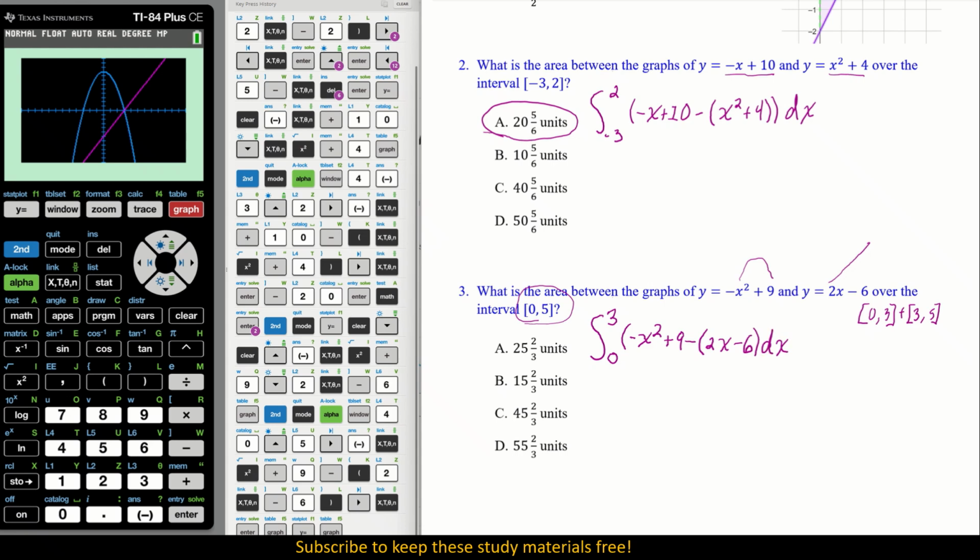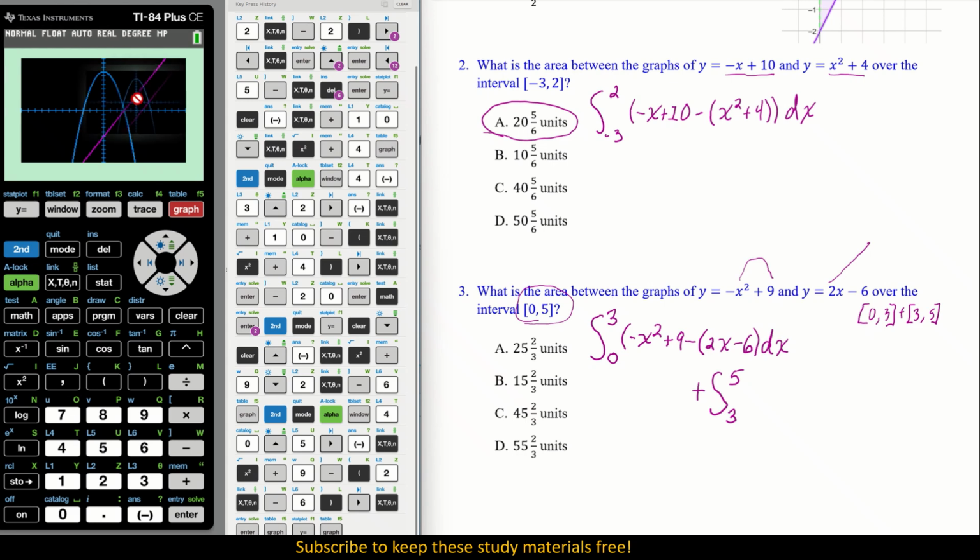Okay, but now we have to do this differently. We will add on the next interval. Oops, we're not back at 3. Okay, it's 3 to 5. However, we have to flip it because as you know, let's go over here. After the point 3, okay, see there where I had it.